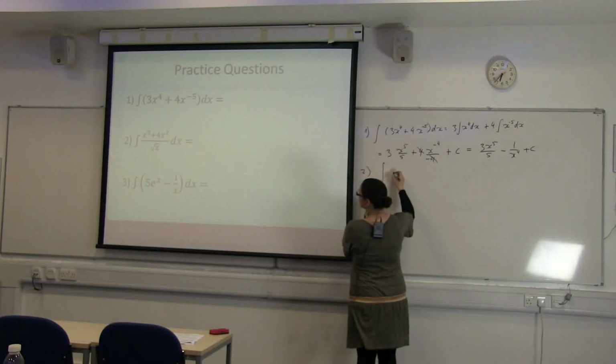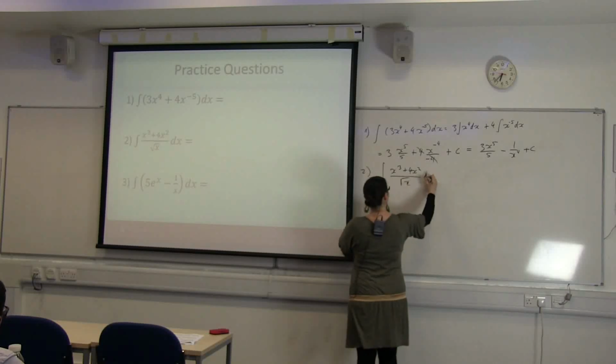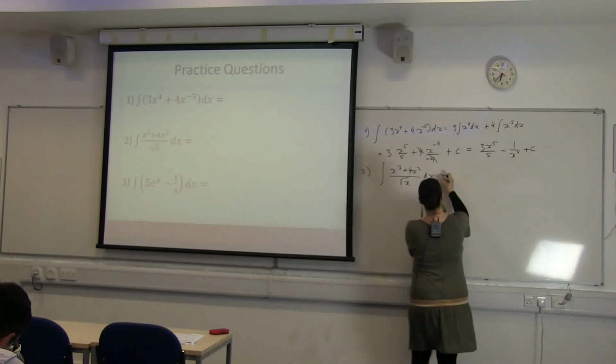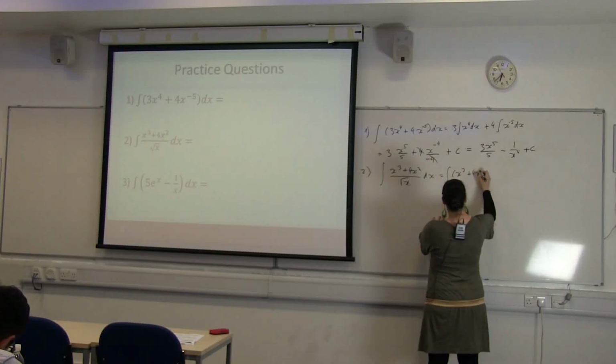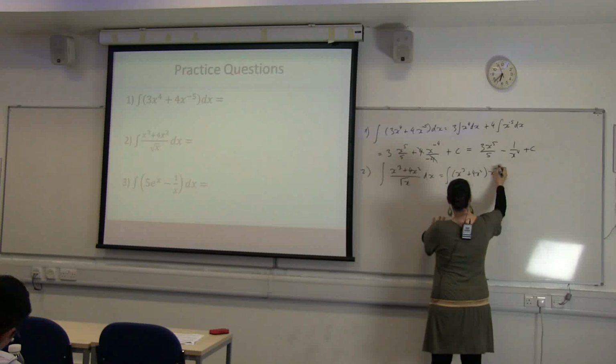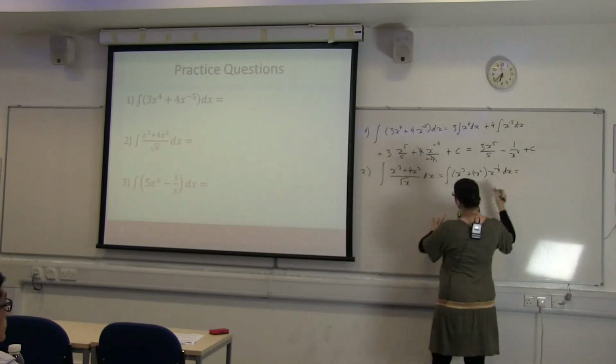So basically, this function is now the integral of x cubed plus 4x squared over root x dx. What I can now do is rewrite this as x cubed plus 4x squared times x to the minus half dx. Yes, that's perfectly fine.